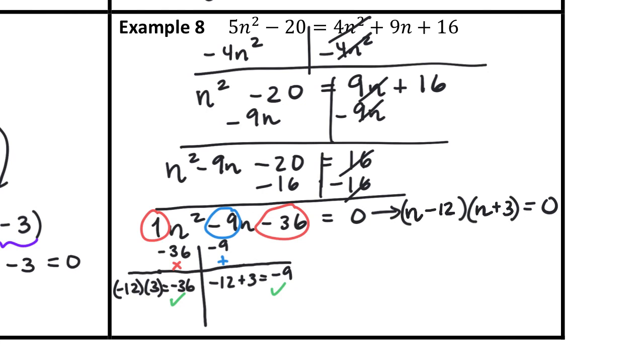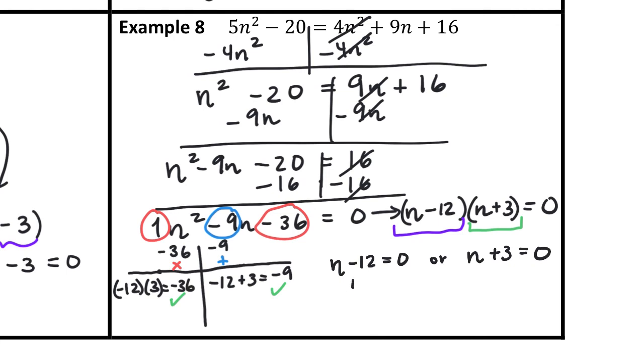That means I have two parts here. If I'm multiplying this purple part and this green part, and it's equaling 0, that means that either n minus 12 equals 0, or n plus 3 equals 0.